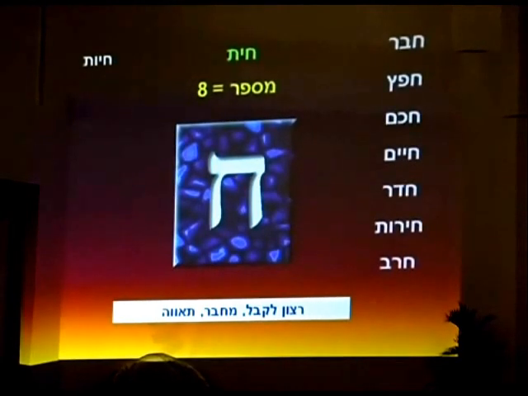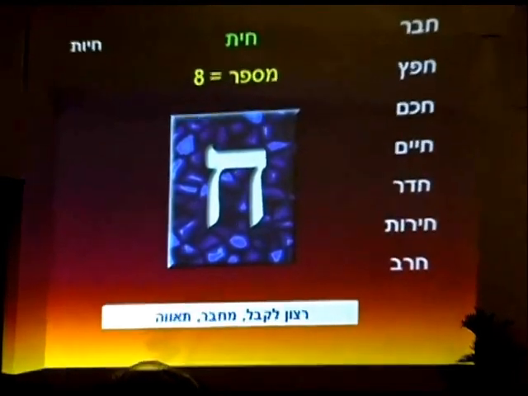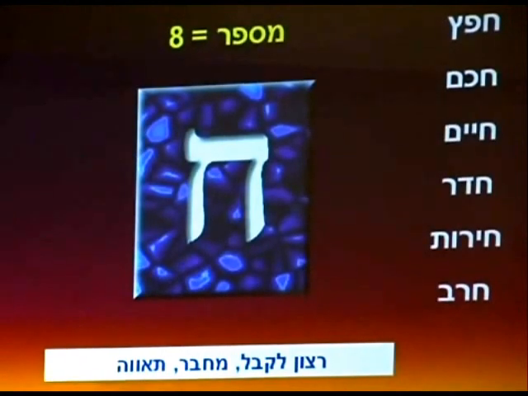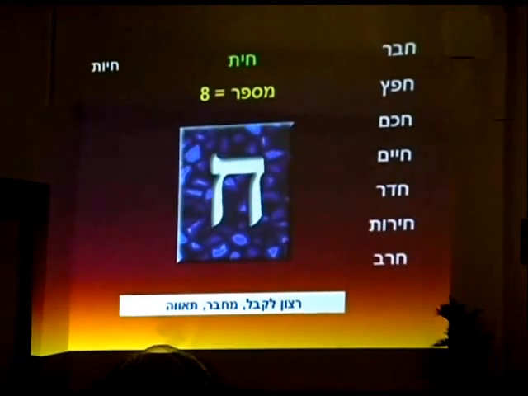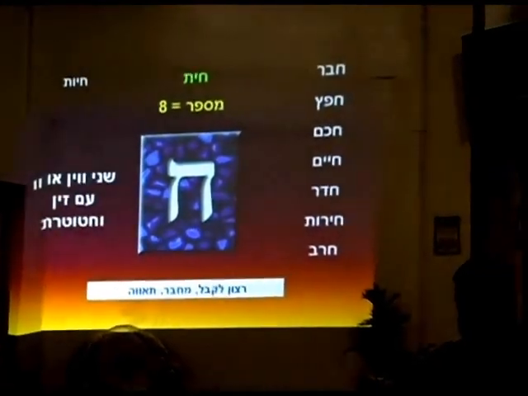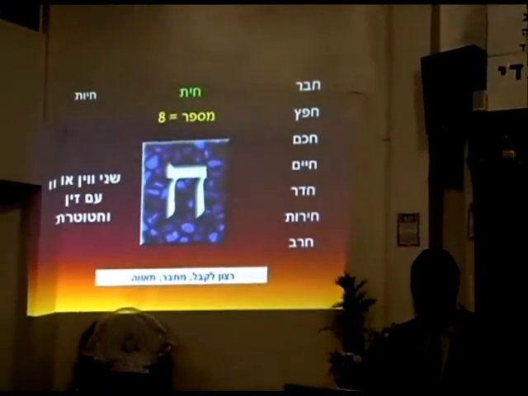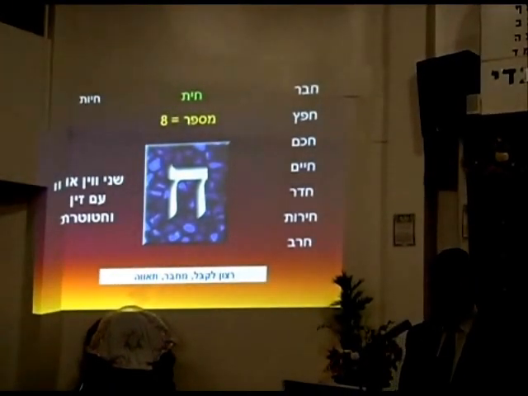Chacham, desiring of something called knowledge. Chaim, of life. Cheder, a room. Cherut, freedom. Cherev, a weapon. Something that has to do with either the desire to receive, to connect, and the shape of the chet has either two vavim or a vav and zayin with a little bracket on top.